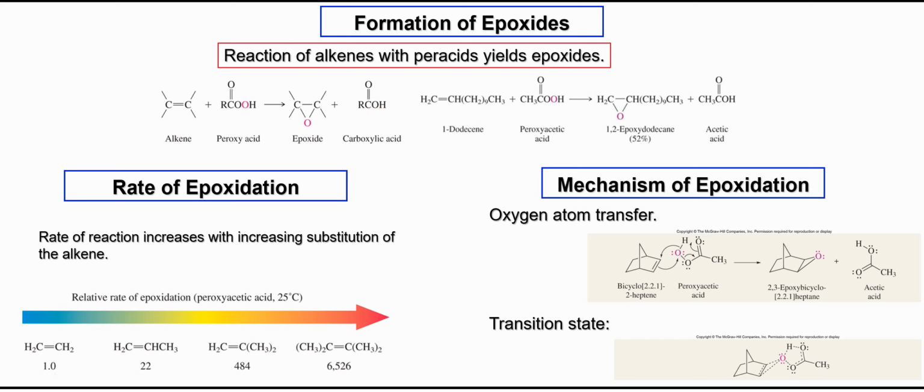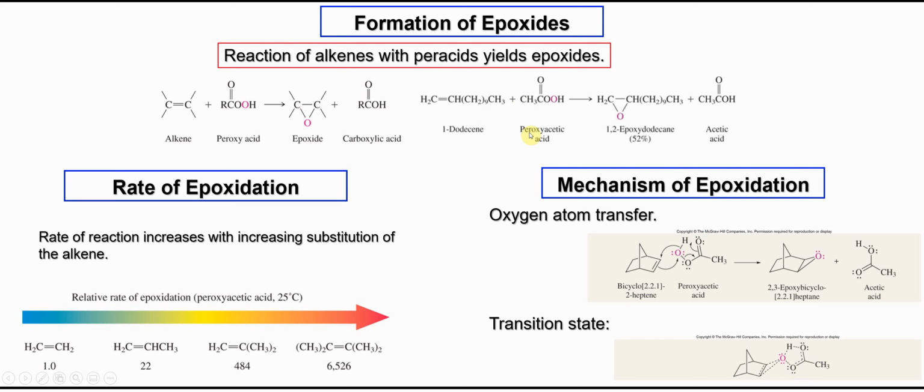For example, I have 12 carbons. You call it dodecene. This dodecene, number 1, number 2 carbon will form a 1,2-epoxy substituent. And then this molecule you call peroxyacetic acid. This is related to acetic acid.